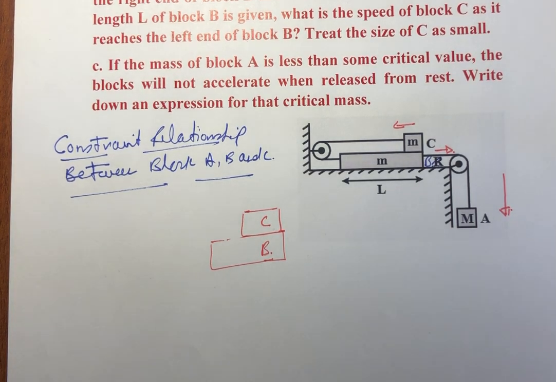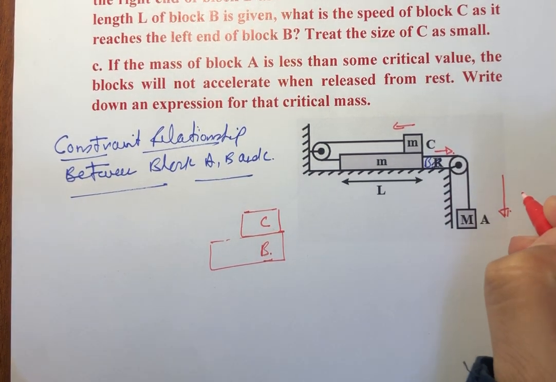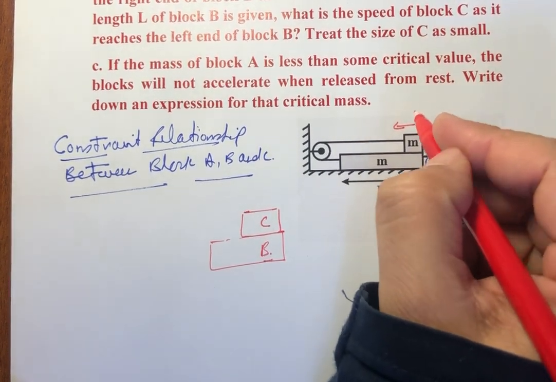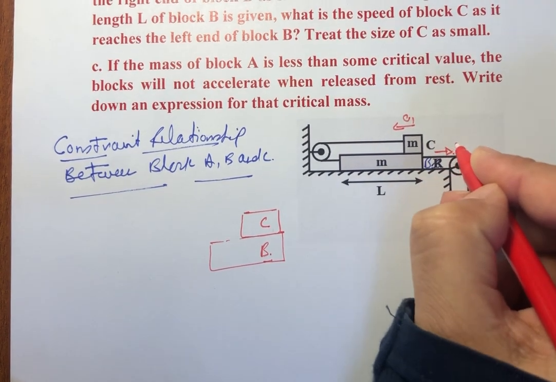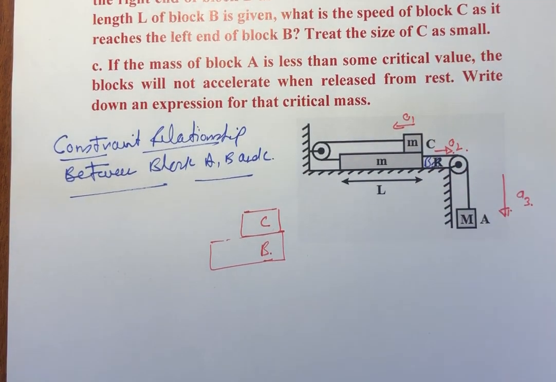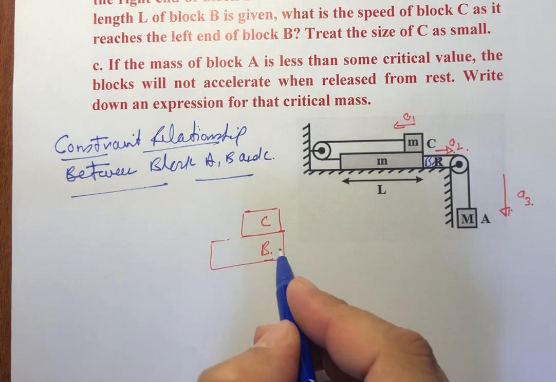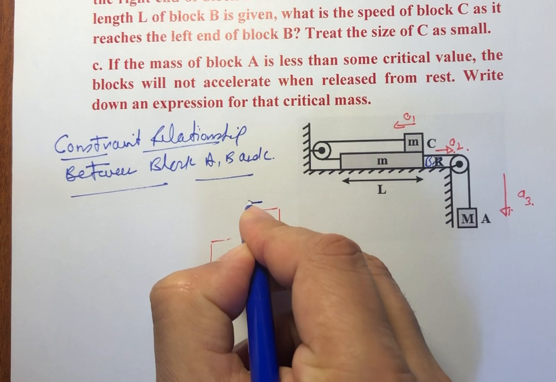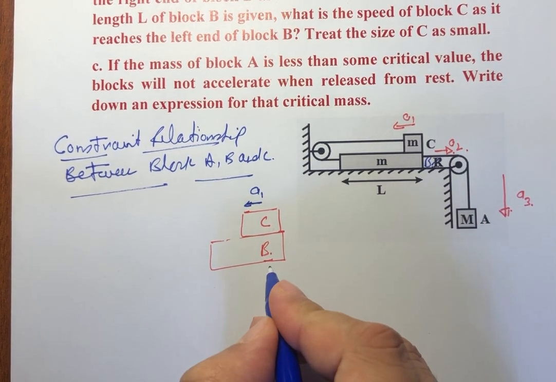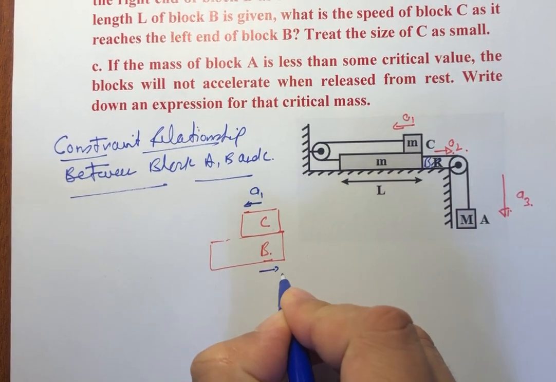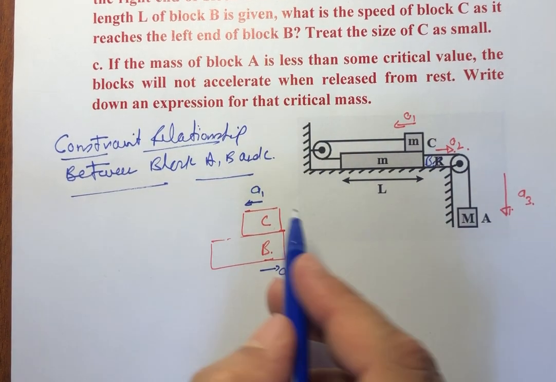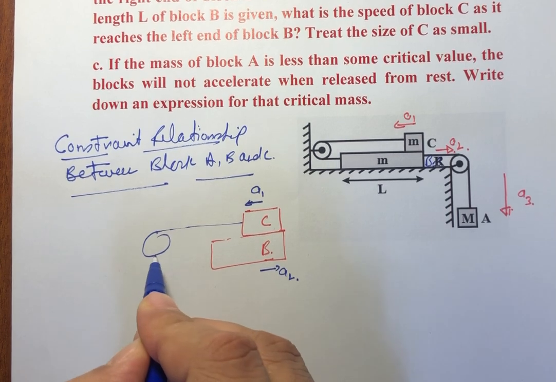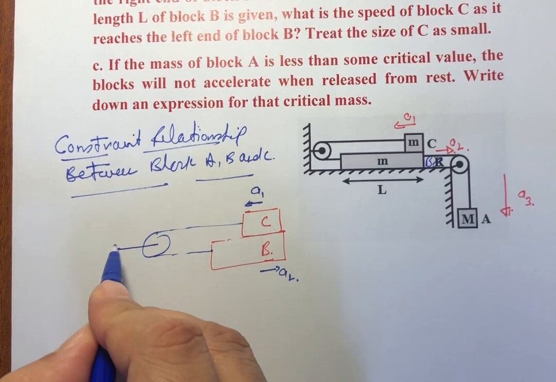Let us say this has an acceleration of A3, this has acceleration of A1 and this is acceleration of A2. So C is moving with the acceleration of A1 and B is moving with the acceleration of A2, and they are connected with a string this way, and this string is fixed.